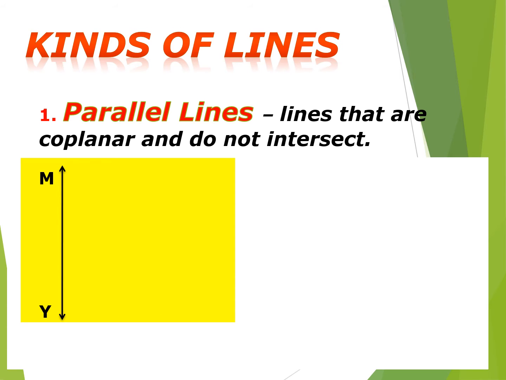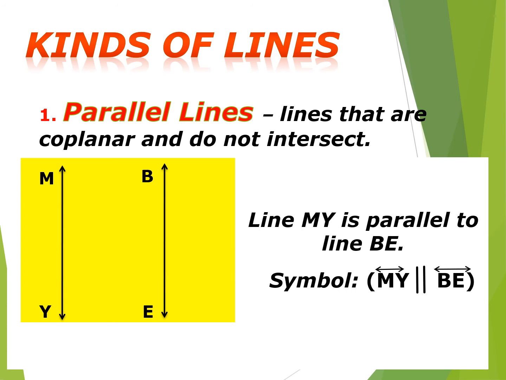Coplanar means that they are on the same plane. If we're going to name the two lines, we have line MY and line BE. Line MY is parallel to line BE.